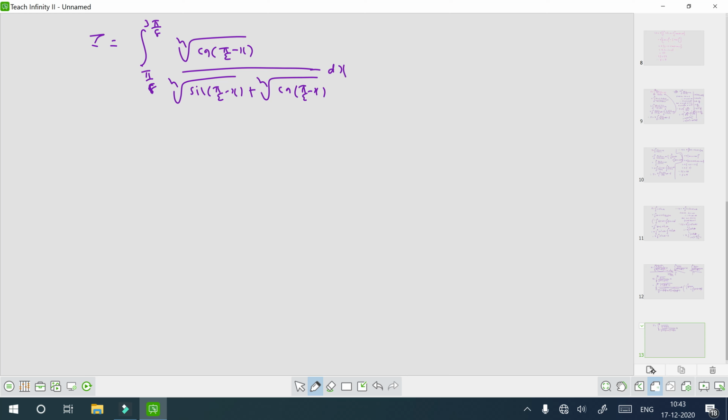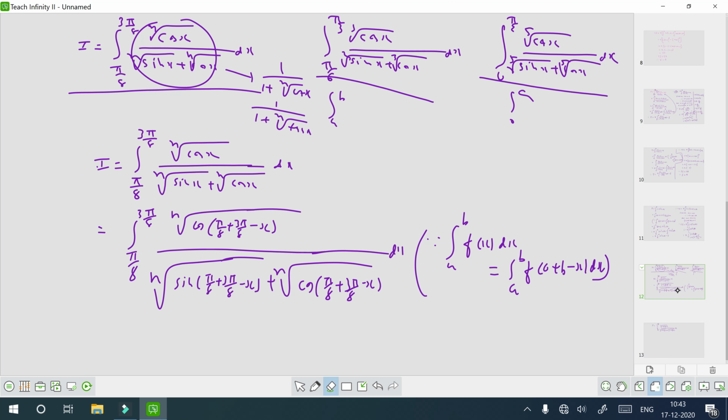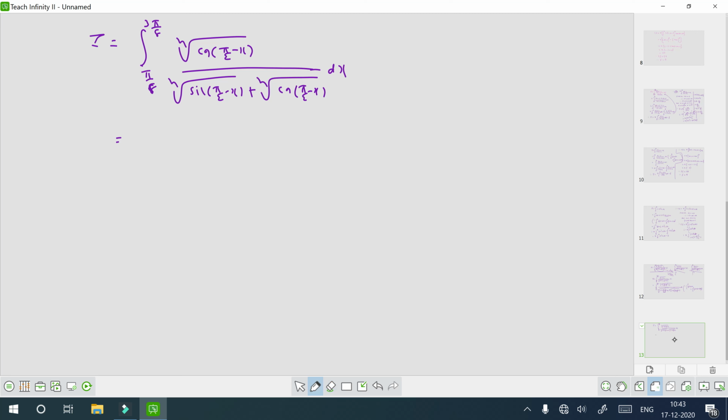See why? pi by 8 plus 3 pi by 8 means 4 pi by 8, which means pi by 2. Clear? So that is equal to the integral from pi by 8 to 3 pi by 8 of nth root of sin x over nth root of cos x plus nth root of sin x dx. Clear?